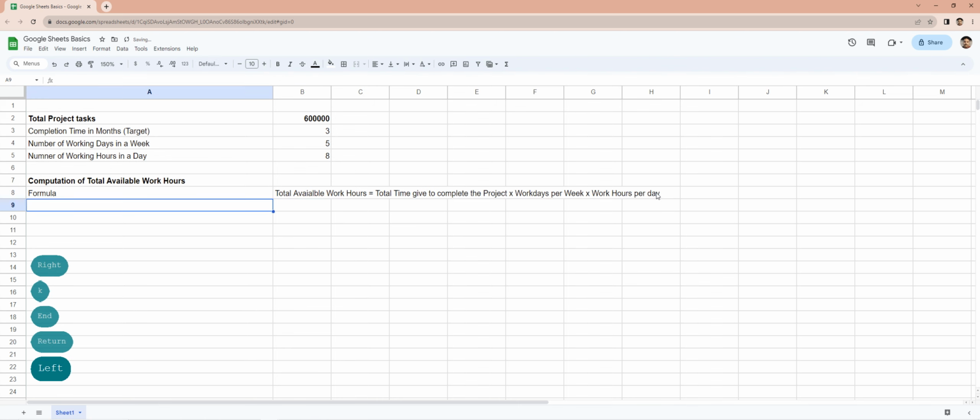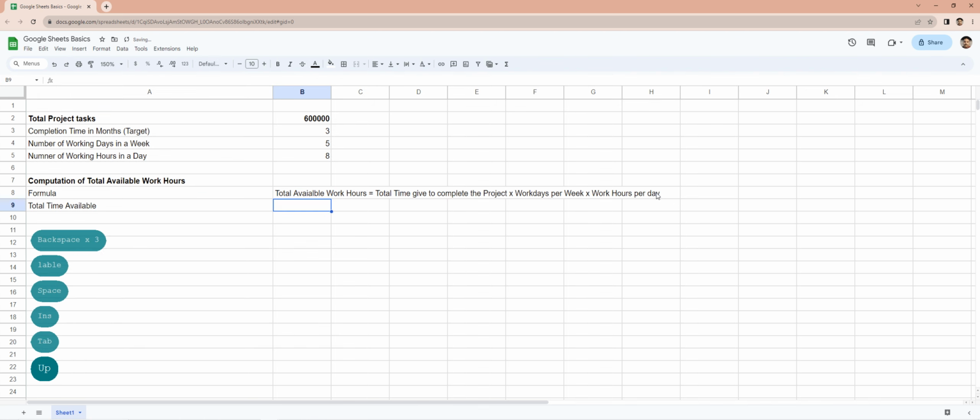So now let's put it in a more structured way. I would like to write it formula-wise so that we understand how to do the computation, which uses the very basic arithmetic operators.